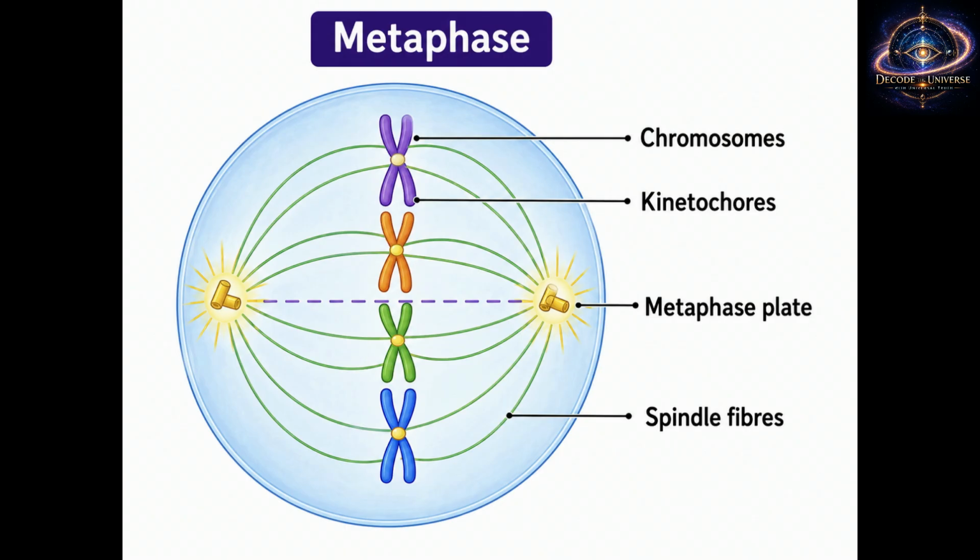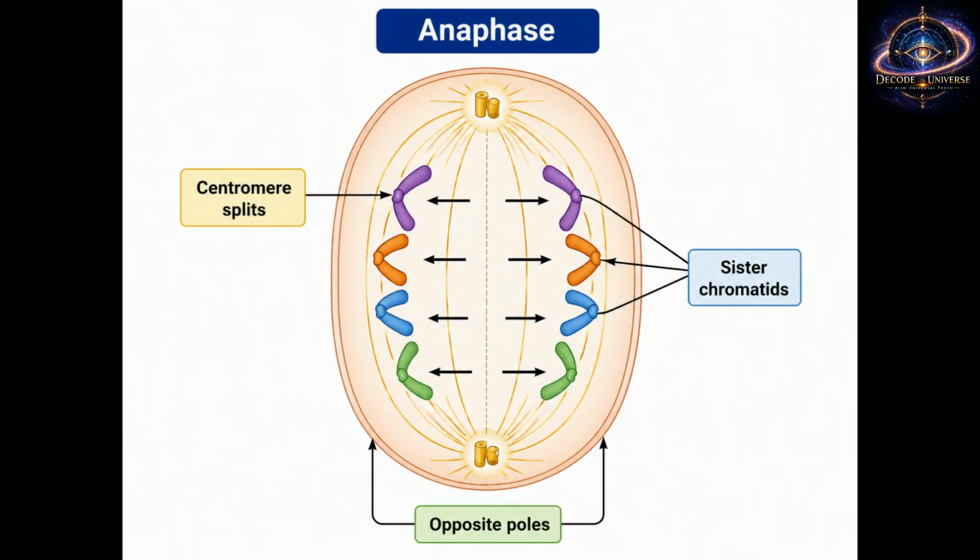2. Metaphase. Chromosomes align at the center of the cell on the metaphase plate. Spindle fibers attach to kinetochores. Easy memory: metaphase equals middle phase. Chromosomes stand in the middle. 3. Anaphase. Centromeres split. Sister chromatids separate and move to opposite poles.